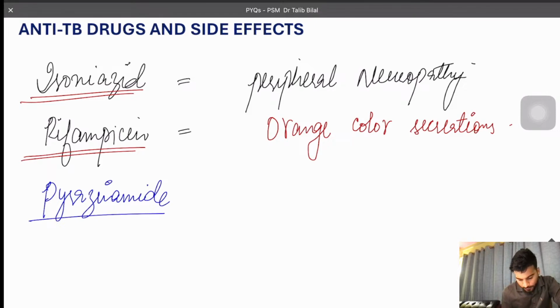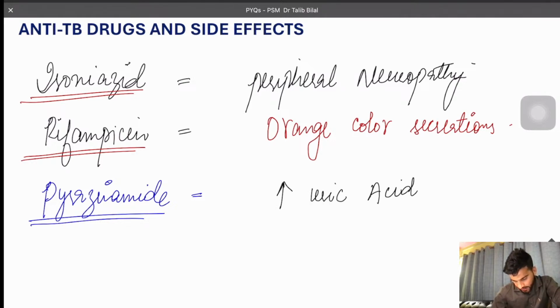What is the side effect of pyrazinamide, guys? It causes hyperuricemia, gout, increased uric acid. And when there is increased uric acid, gout. Acute gout, NSAIDs, chronic allopurinol.